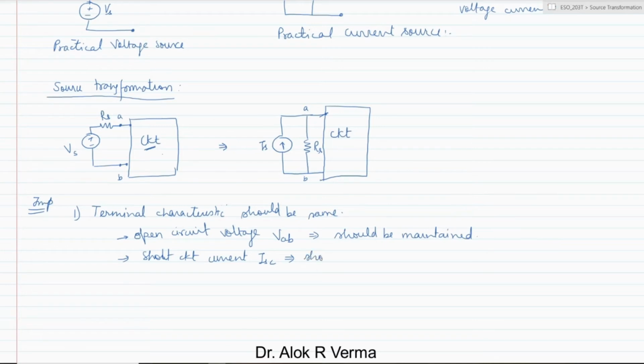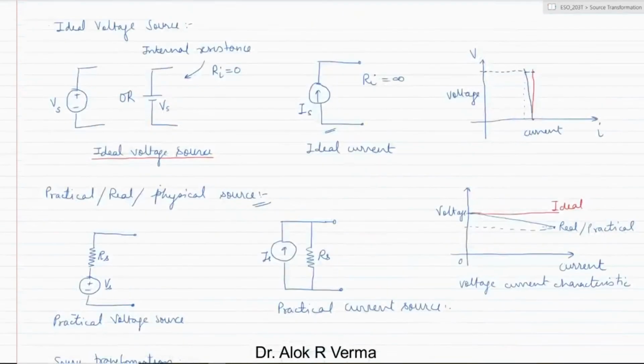This also should be maintained. These are the two conditions we have to make sure are followed in both circuits. If these two conditions are maintained, then for the same circuit we can transform this source into this source between A and B.